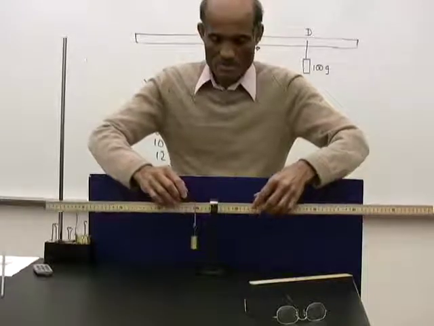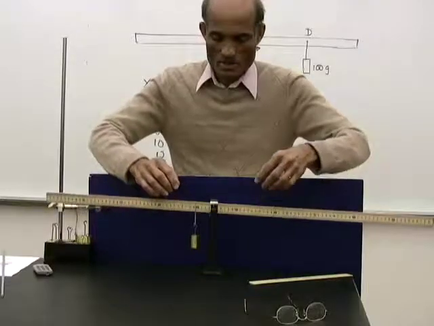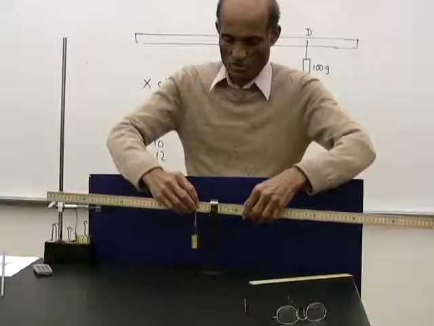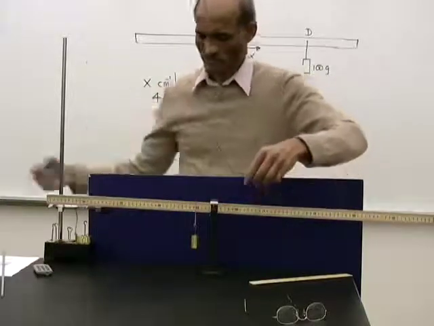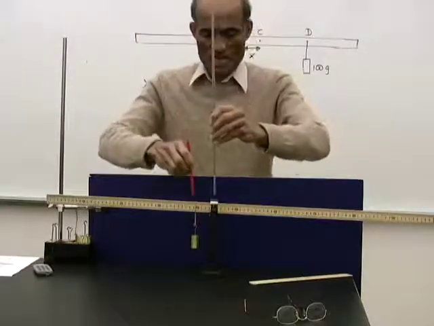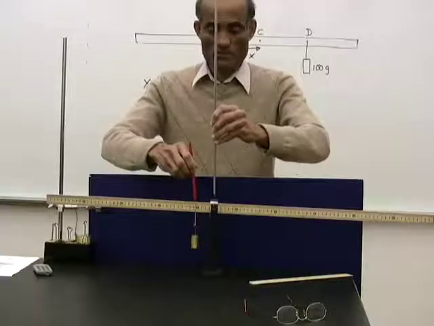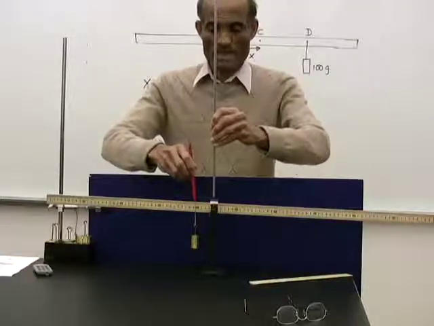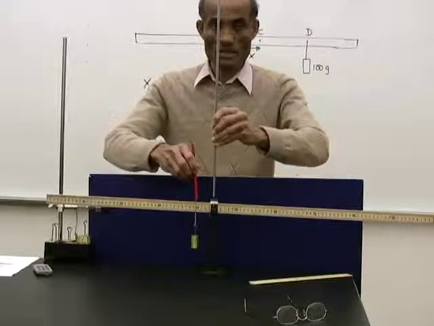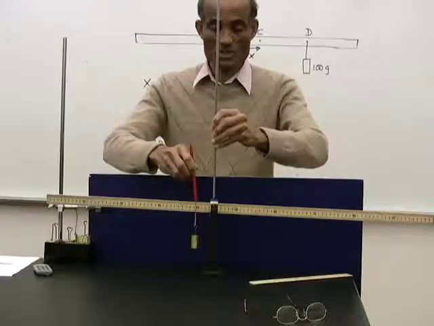Getting closer. Alright, it's very nearly balanced. And now measure that distance. Measure this distance, that's your new D. The distance from C to D is your lowercase d. Okay, measure that distance.